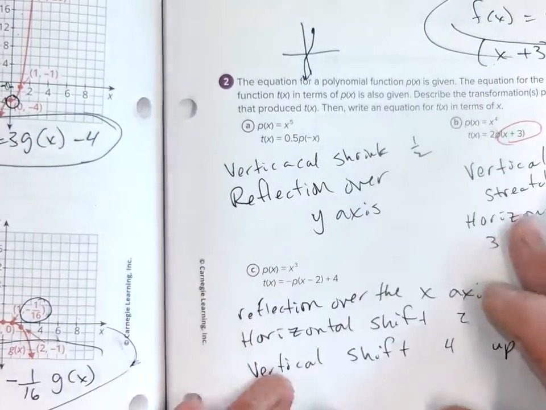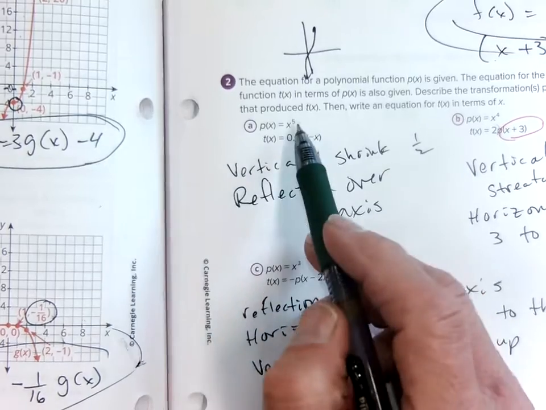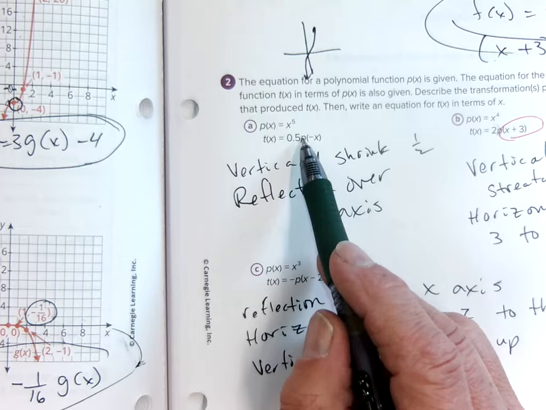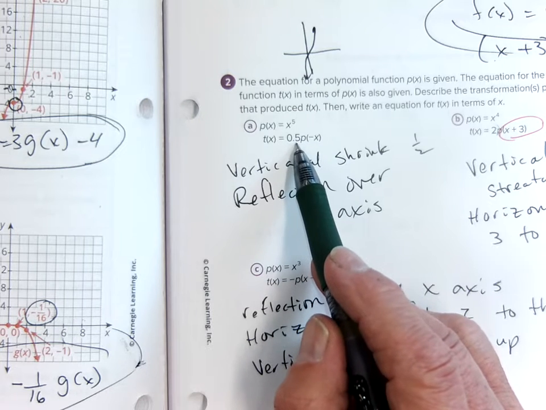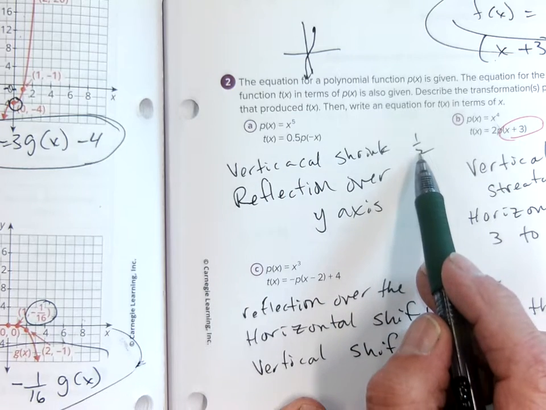Then on these, we just had to look at what was going on. We don't have to graph it. x to the 5th does look like this, but we know it's going to be this first number. This number on the outside affects the stretch, so it's a vertical stretch of 1/2, or a shrink.